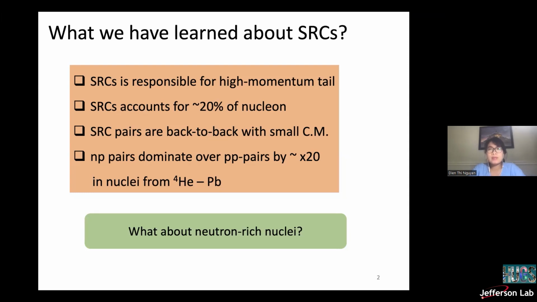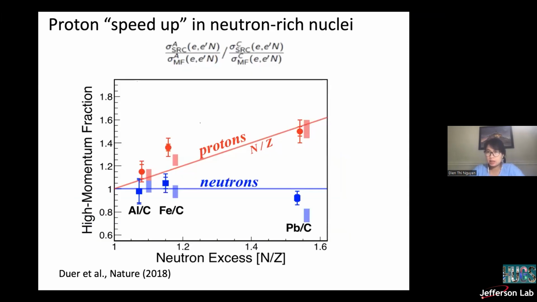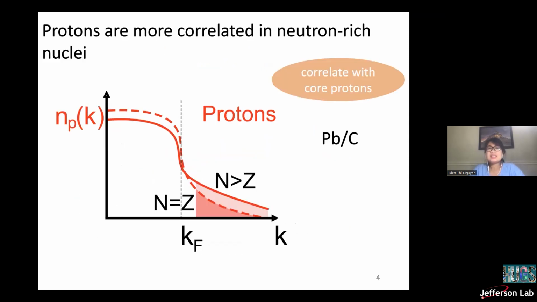And we also had some time to discuss SRC in neutron-rich nuclei. We learned an interesting feature as well: in the neutron-rich nuclei, the protons have a higher momentum fraction, or in a simple way, the protons speed up in neutron-rich nuclei. With that, we have an understanding that when we add more neutrons to the system, these neutrons will correlate with the core protons.